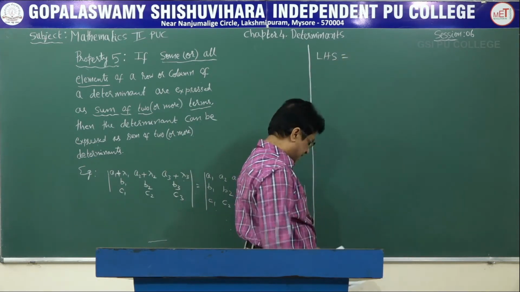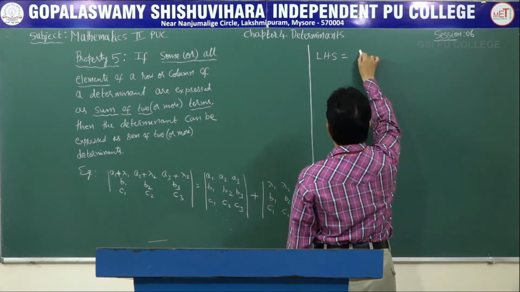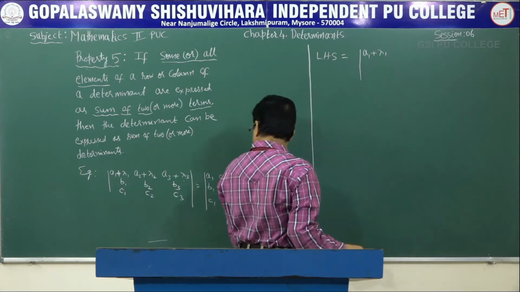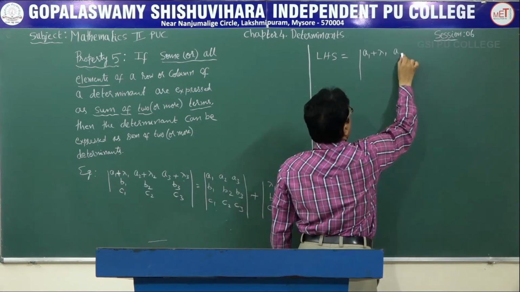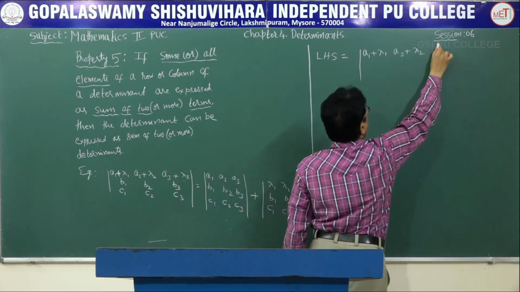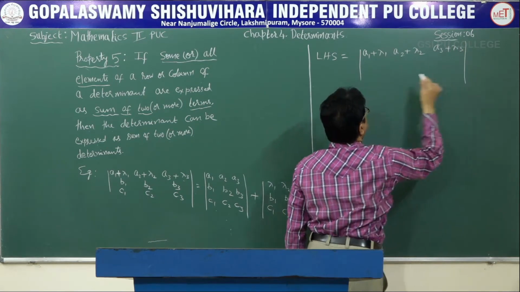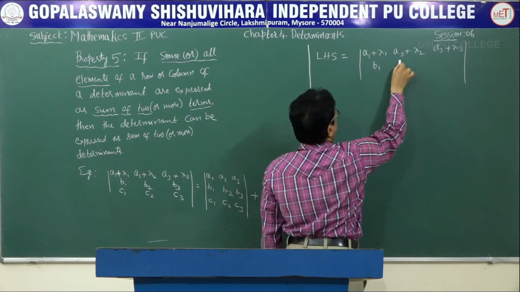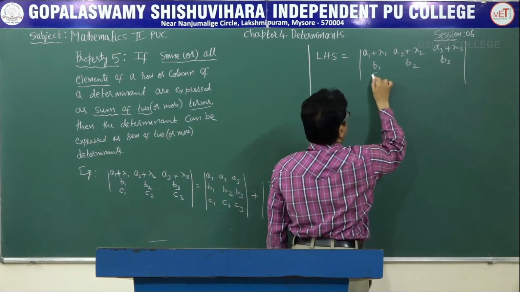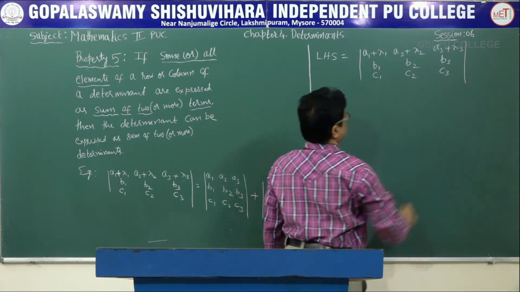So LHS equals the determinant of a1 plus lambda 1, a2 plus lambda 2, a3 plus lambda 3, b1, b2, b3, c1, c2, c3.